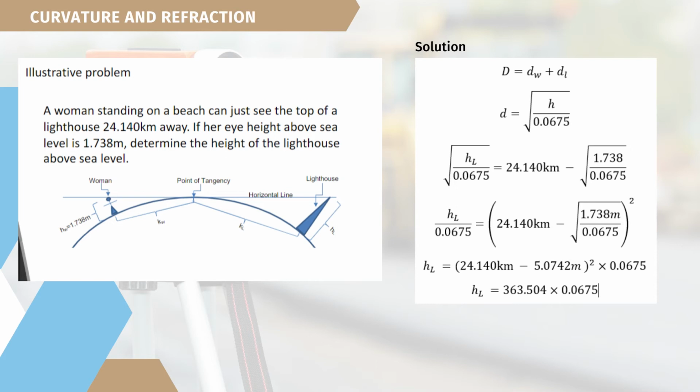So the height of the lighthouse is equal to 363.504 multiplied by 0.0675, and we got 24.53652 meters, or 24.537 meters.